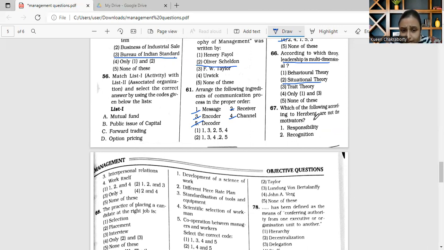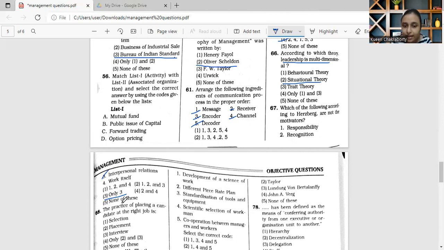According to Herzberg, intrinsic factors such as challenging work, recognition, and responsibility produce employee satisfaction, while extrinsic hygiene factors including status, salary, job security, and fringe benefits, if absent, produce dissatisfaction. So interpersonal relations is a hygiene factor, right? So I will say only 3 is the correct answer, that is option number 3.